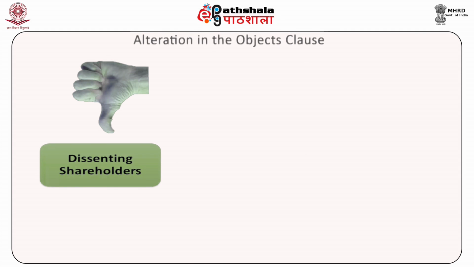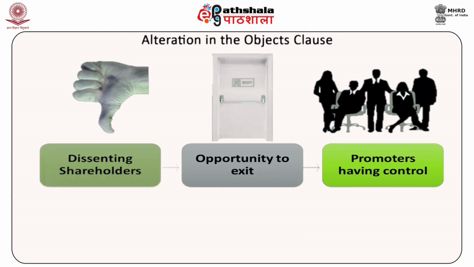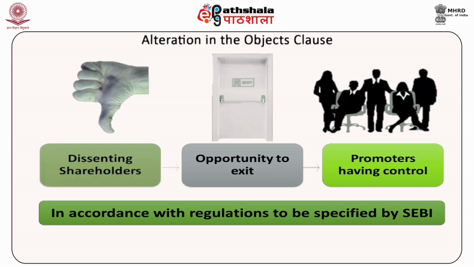The dissenting shareholders shall be given an opportunity to exit by the promoters and shareholders having control in accordance with regulations to be specified by the Securities and Exchange Board.